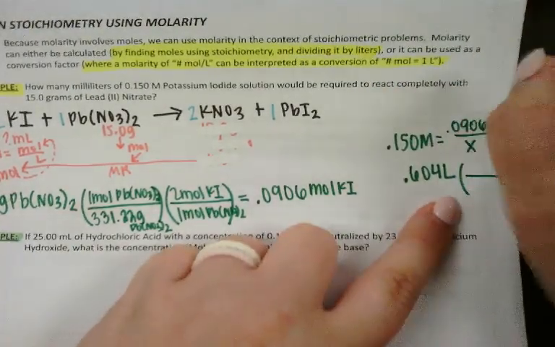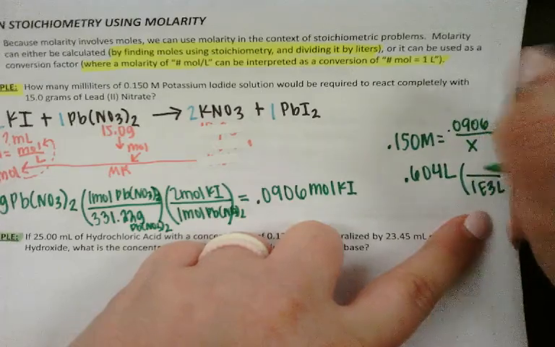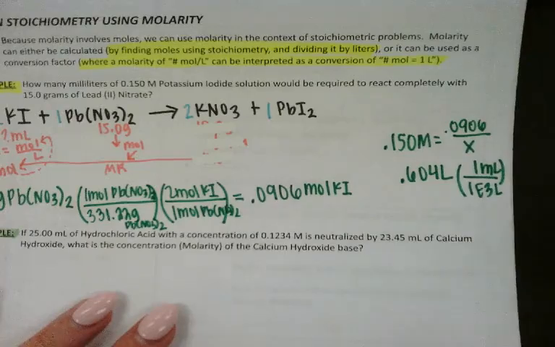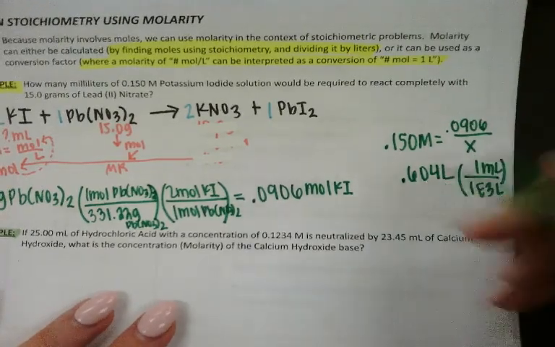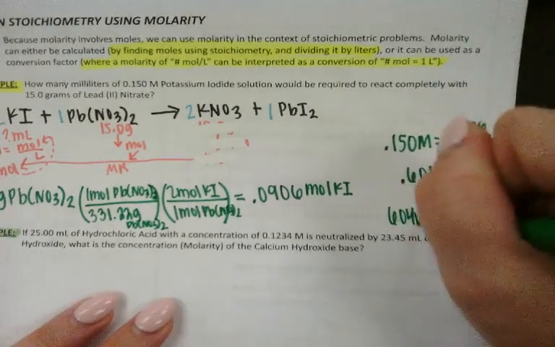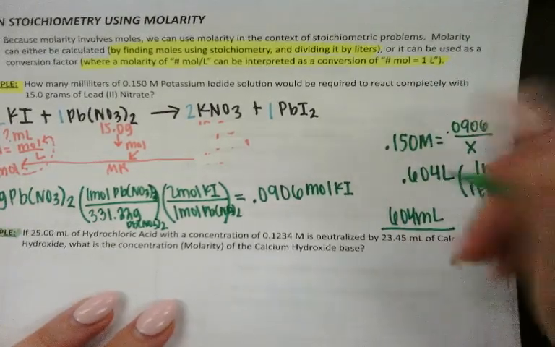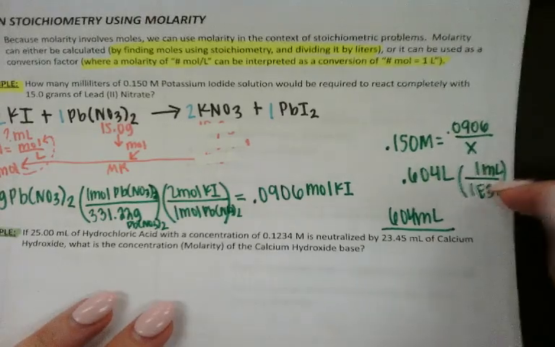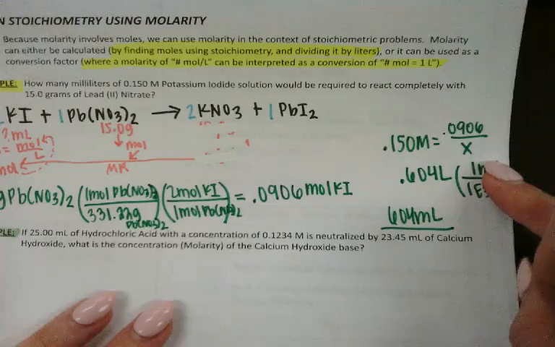And you can literally just come out right here and show that conversion, because for this, you would need to show that conversion. If you just draw an arrow from this to 604 milliliters, that will be wrong. I have to see this conversion from liters to milliliters.